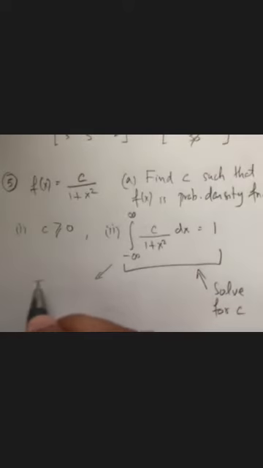And you can note that this is an improper integral. So we have to solve this improper integral and equate it equal to 1 and then find c. Let's do that.